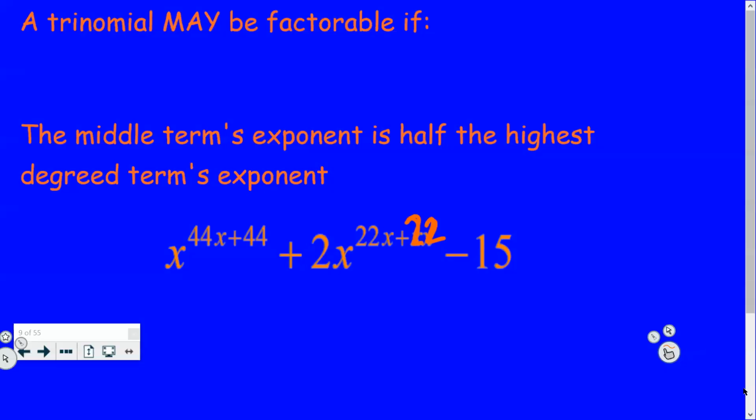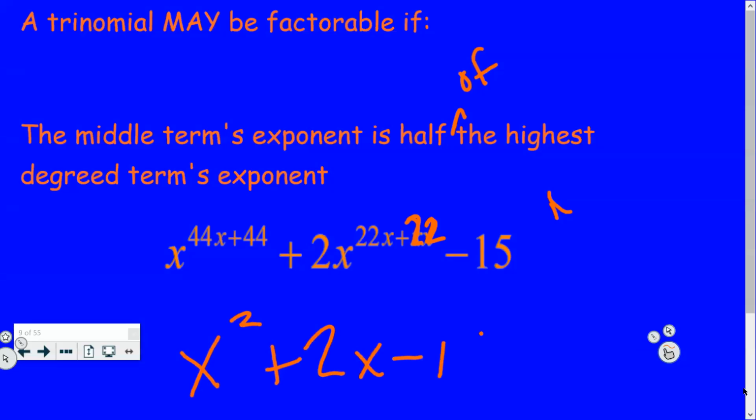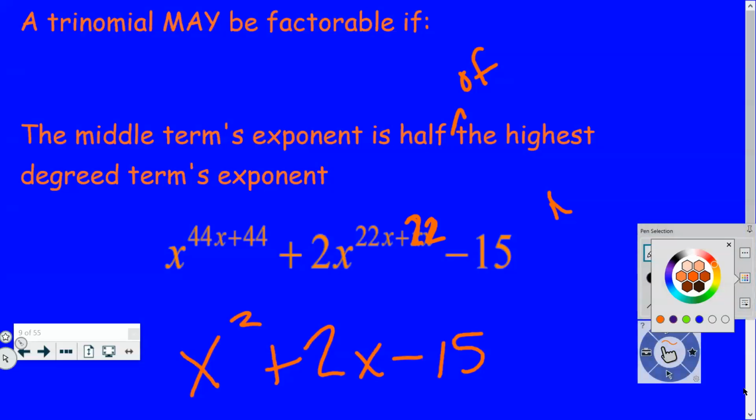A trinomial may be factorable if the middle term's exponent is half of the highest degree term's exponent. In other words, pretend we had a regular baby quadratic and we were going to factor this. This is what this stuff means. Is that exponent half of that one? Yeah, that's a 1. Isn't 1 half of 2?